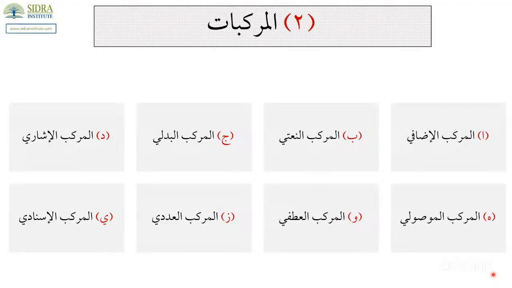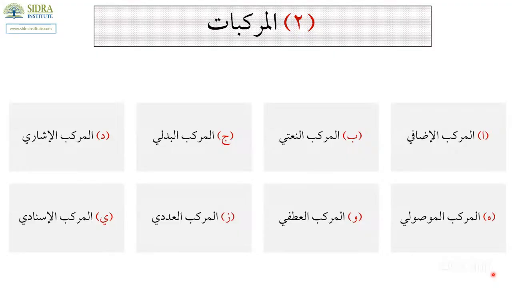So these are common constructs, combinations of phrases we will see in sentences. And remember, more or less all of these phrases except for the last one, al-Murakkab al-Isnadi, are incomplete phrases.